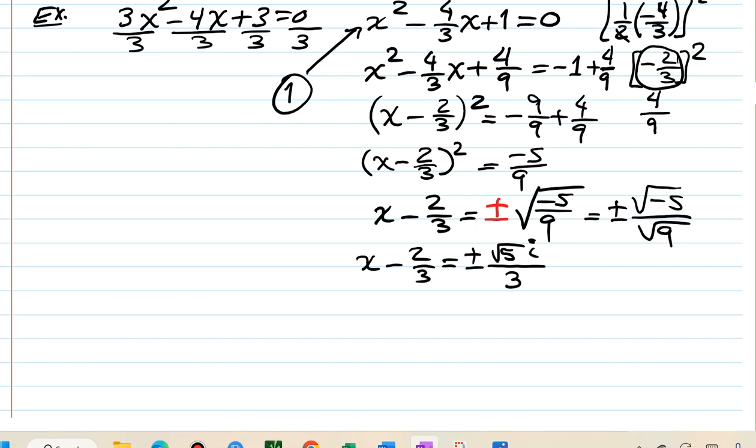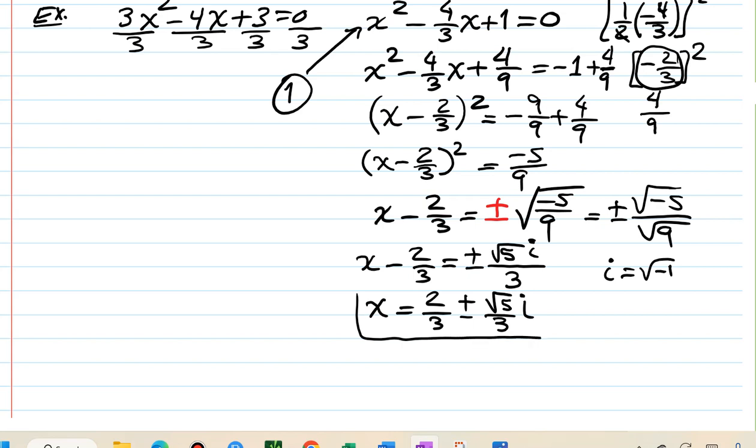That would be √5 i, and just to recall, i is the square root of -1. And now I can add 2/3 to both sides, giving plus or minus √5 over 3, and then put i in front of the fraction line. And there we have two complex solutions in this case.